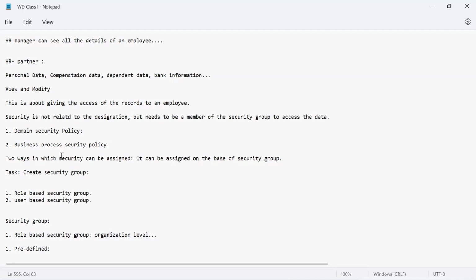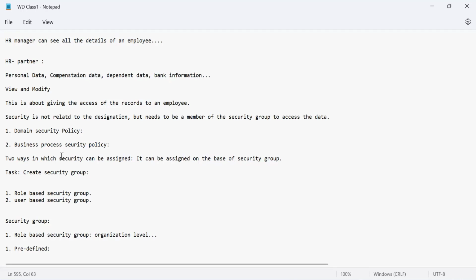All the permissions that you have given are on the security group, so the role is now a part of the security group, and all the permissions will be inherited by the role. Once that role is assigned to an employee, the employee indirectly becomes a member of the security group. Then the same permissions given to the security group go to the employee, and they will be able to perform those activities.